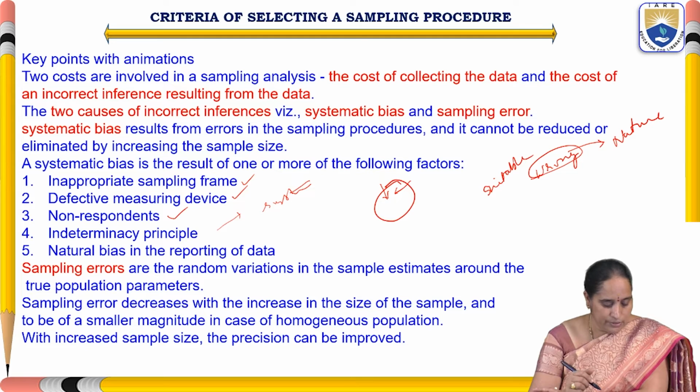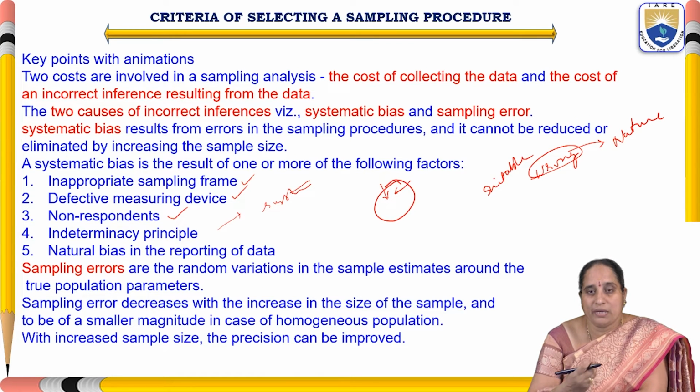Then natural bias in reporting of data. Sometimes we may cause systematic bias because whenever you report something, people may hide some things out of prestige or social status.